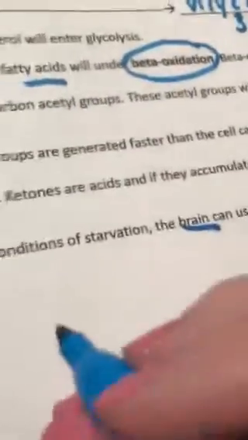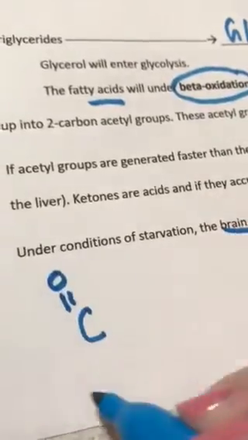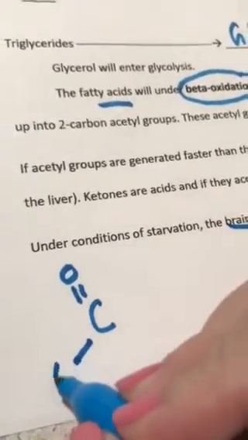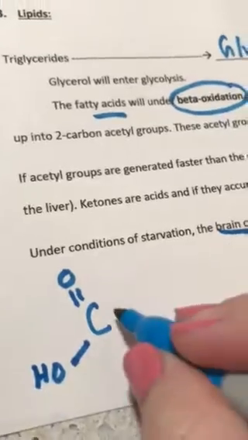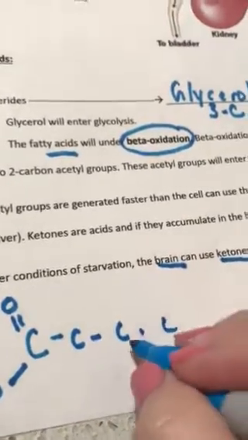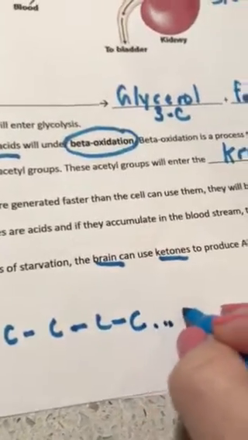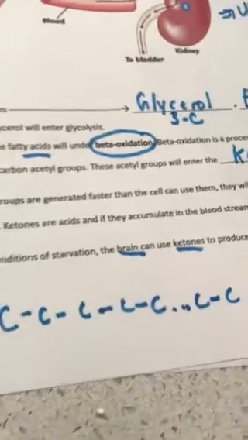So let me show you this fatty acid business here real quickly. So this is a fatty acid. A fatty acid has a carboxyl group on one end and a long carbon tail attached to that. And I'm just going to put dot, dot, dot rather than writing all of the carbon groups out.